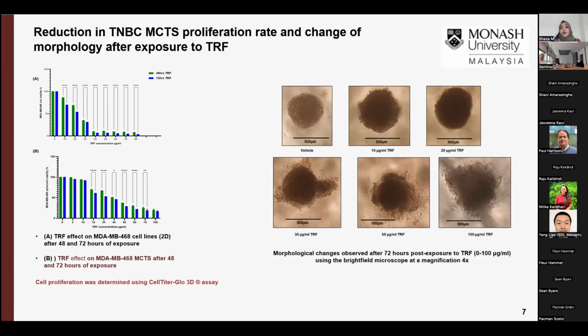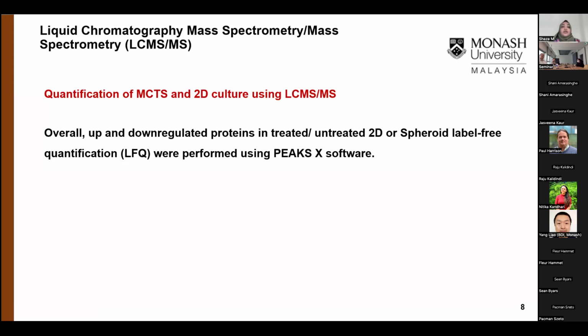For further investigation, we did liquid chromatography mass spectrometry, LC-MS. We quantified the control, 2D and spheroid culture, and we checked the upregulated and downregulated proteins. Overall, a lot of proteins came; the ones that passed were more than 200.